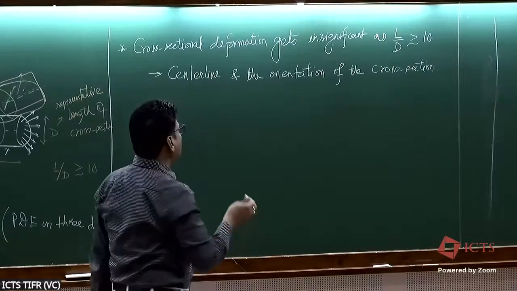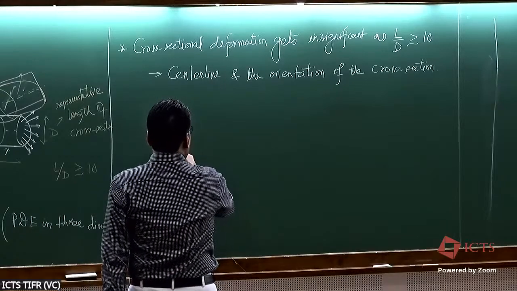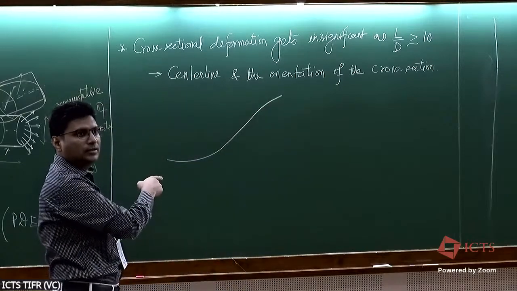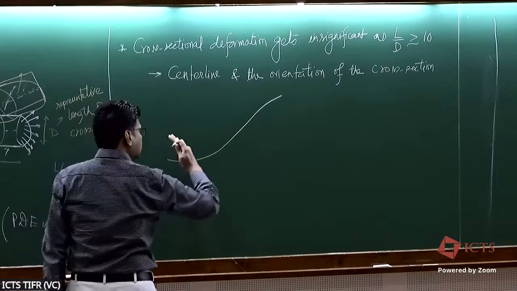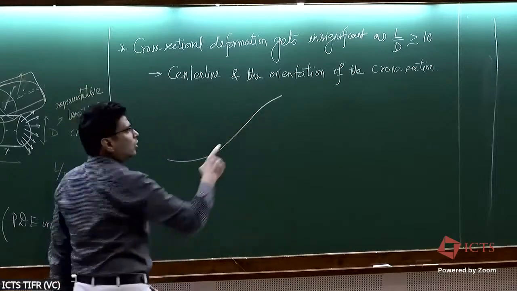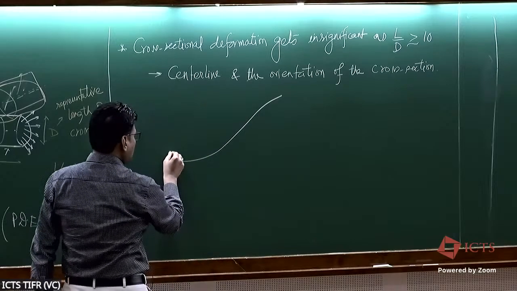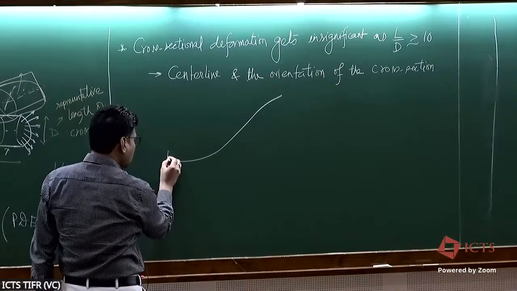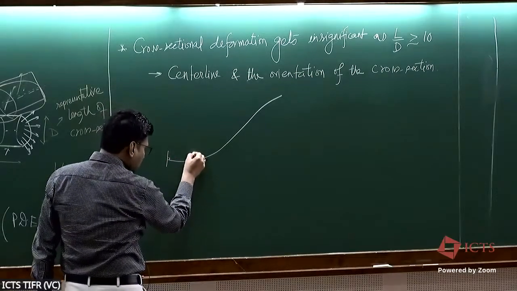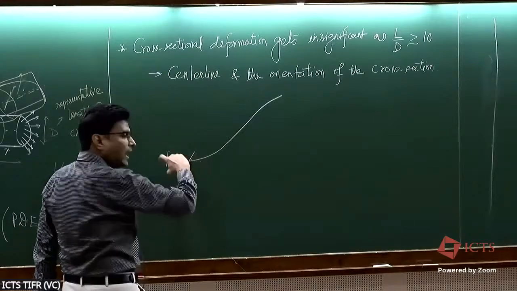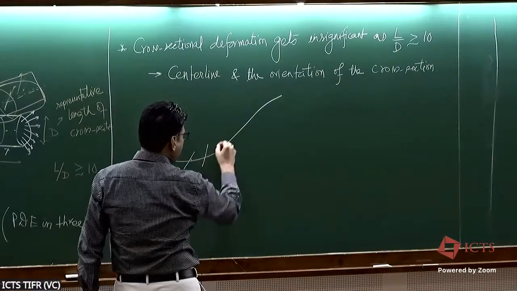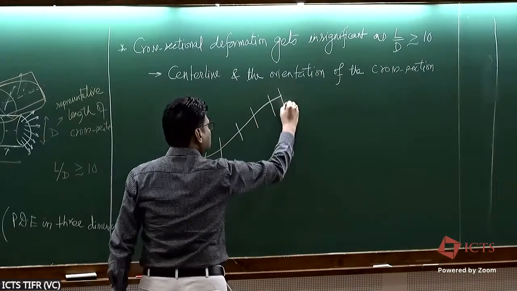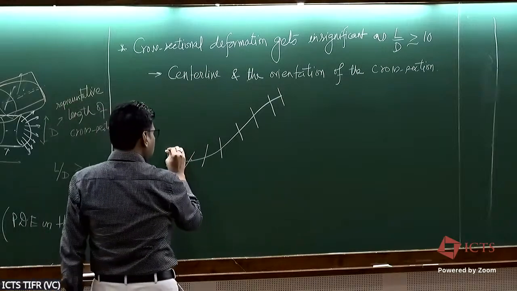So all that you have to do is find out your center line, which could be a curve like this, and start placing cross sections about this center line, because you're also finding the orientation of the cross section. So whatever you found out, it could be that it's like this, perpendicular to the center line, or it may not be that, it's some angle. You start placing a cross section, and then you get an envelope.